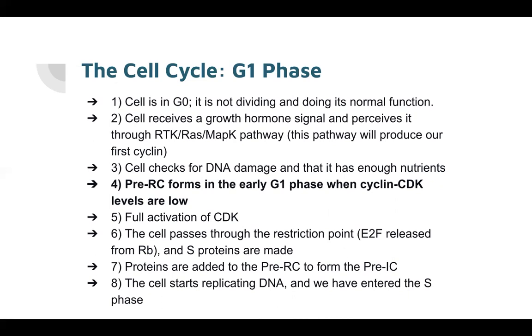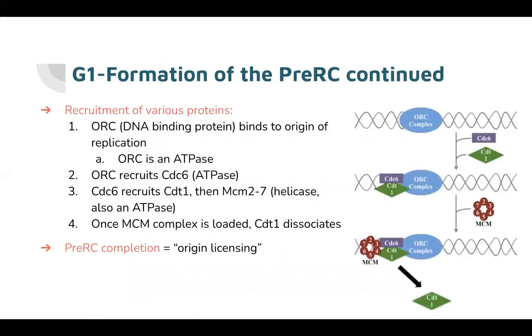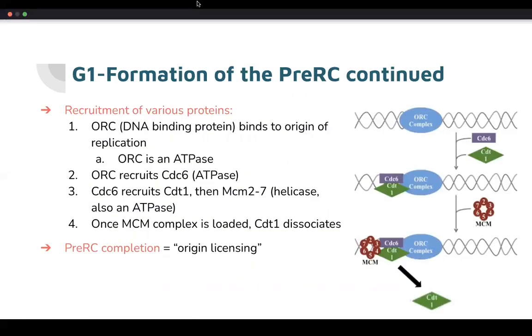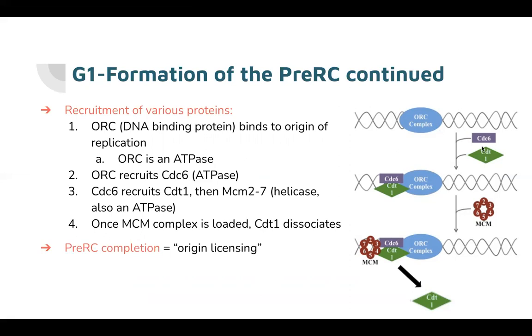The first thing I'm going to get into is that the pre-RC forms in early G1 phase, when cyclin CDK levels are low. Iris went over this on Tuesday, so I'll just run through it really quickly. We have our DNA, and ORC is going to bind to it. ORC's an ATPase, and once ORC binds, it's going to recruit CDC6. CDC6 is going to recruit the MCM complex with help from CDT1.